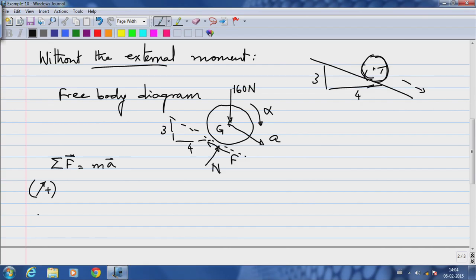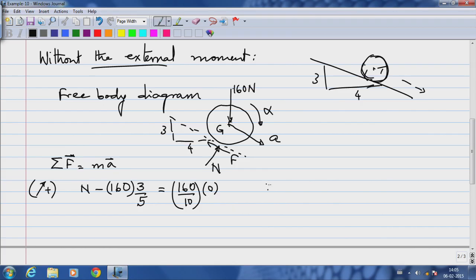Then if I take all upward forces perpendicular to the inclined plane positive, the only such force is the normal reaction, and the downward component due to the weight that is pushing down on the inclined plane is this 160 newtons times the vertical part, which is 3/5, and that is equal to 160 divided by 10, which is the mass of the body, times 0.